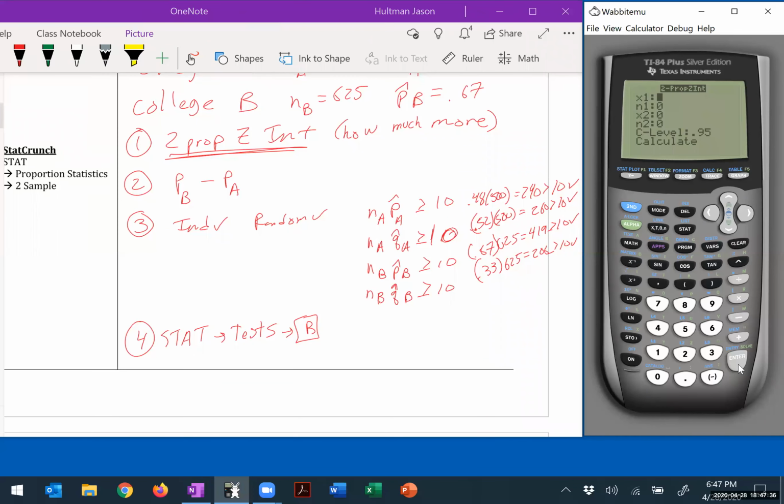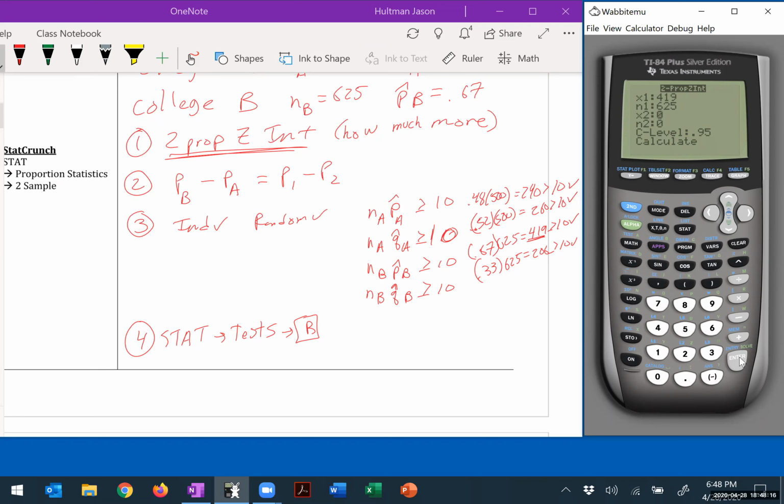Because this is P1 minus P2, X1 is college B. So in college B, how many people drive to school? I'm going to put in the 419 that I got here, out of a total of 625 for college B.